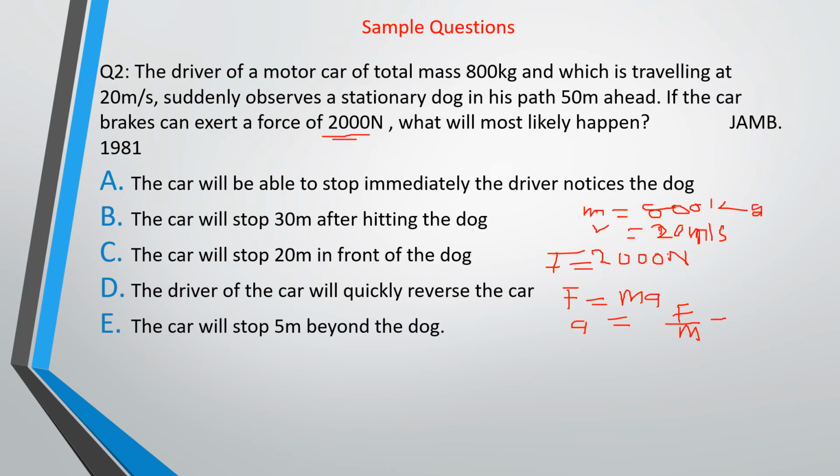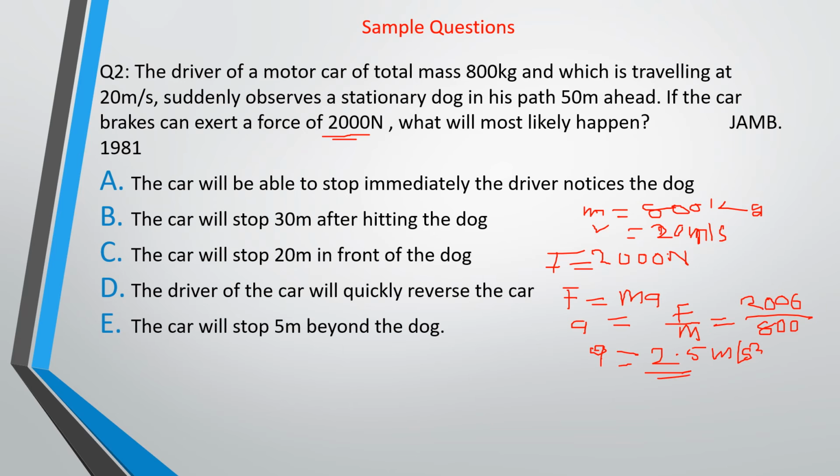So put in your values: 2000 divided by 800 to get the acceleration of this car. If you do that division, you'll see that your acceleration will be equal to 2.5 meters per second squared.